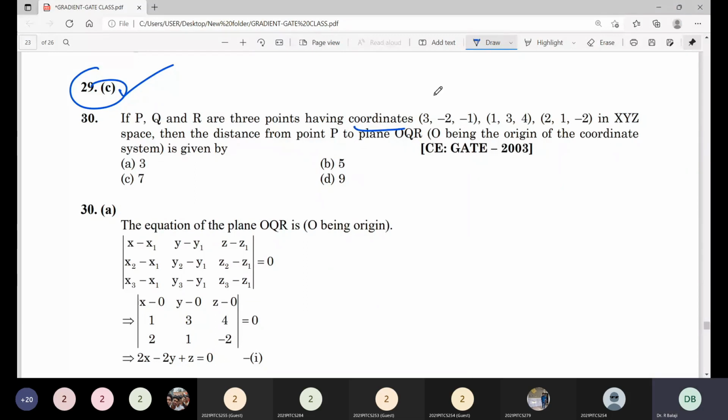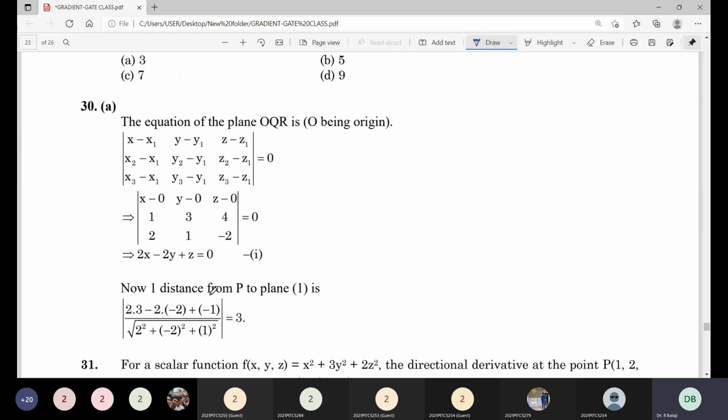Here x1, y1, z1, x2, y2, z2, and correspondingly x3, y3, z3. Substituting all the points in this equation, we get x minus 0, y minus 0, z minus 0. By expanding this, we get 2x minus 2y plus z equal to 0.